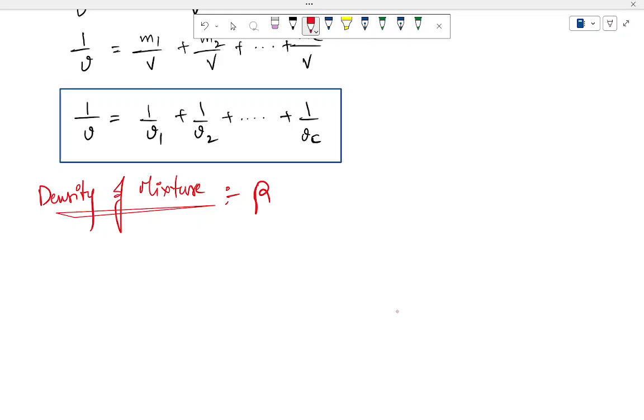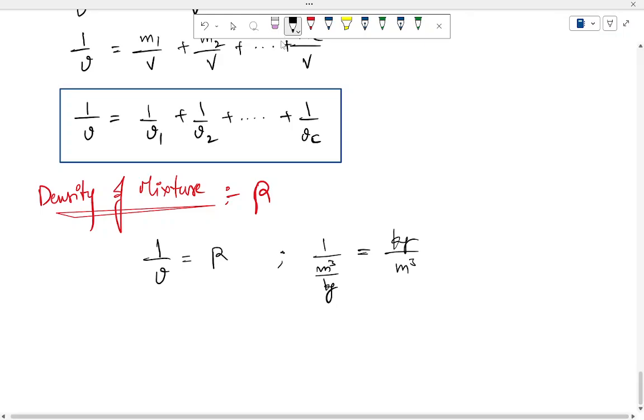For this purpose, we already know that 1 by v is nothing but rho. That is, rho is nothing but kg per meter cube, and v is nothing but meter cube per kg, so it makes sense even in terms of the units.